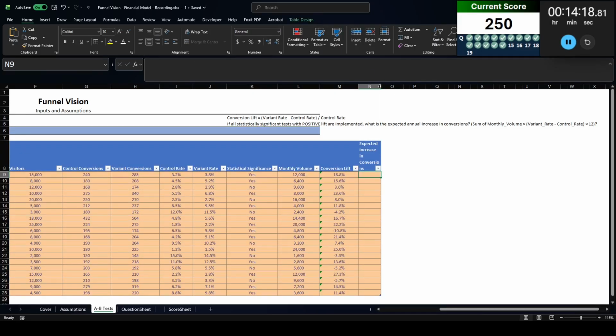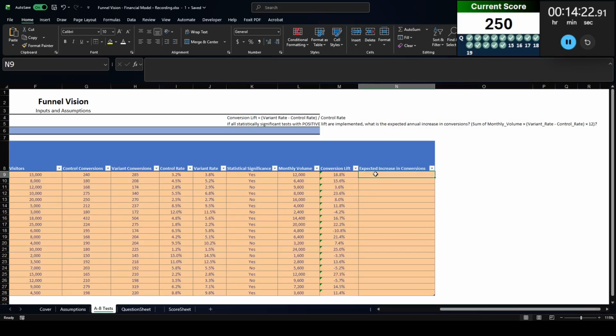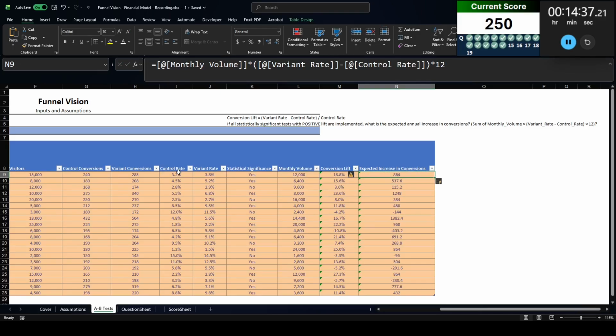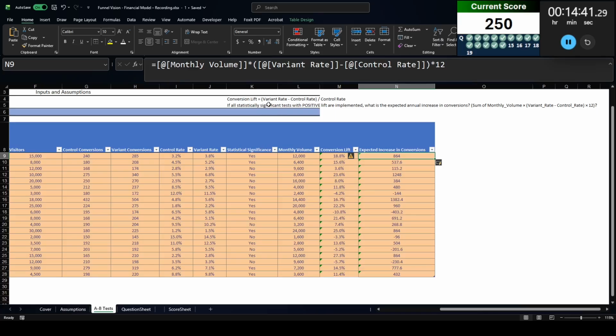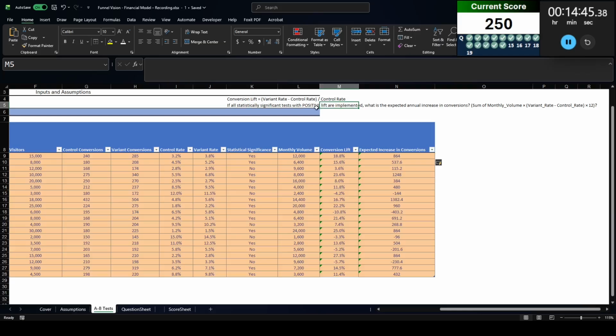I know that's a pretty long column name, but we're going with it. All right, so monthly volume, which is in this column here, times variant rate minus control rate times 12. There we go. So that's the expected increase for all of them, but we're only going to add the ones with statistically significant tests and positive lift.